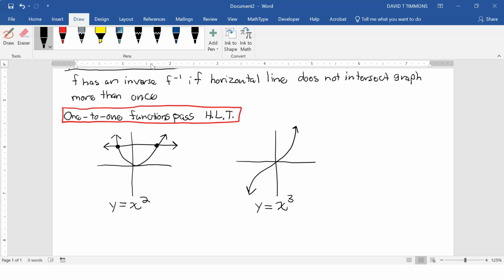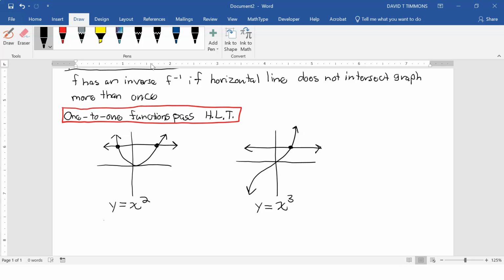Now, here's our cubic function, y equals x cubed. Notice when I draw a horizontal line, I only get one intersection point. So this function does have an inverse. And notice the cubic function also would pass the vertical line test. The cubic function is what we would call a one-to-one function.